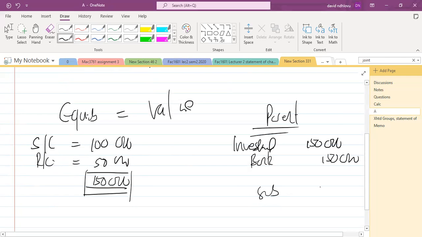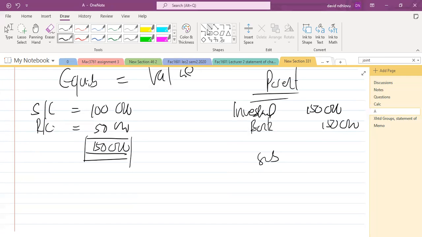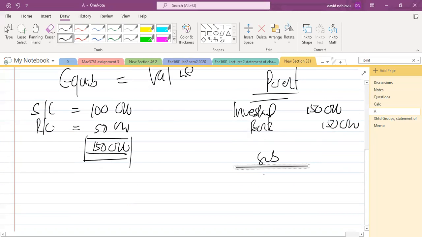To the subsidiary, when they receive this money, assuming that this is a newly formed company and you gave the seed capital, they actually debit the money in the bank, and then they credit share capital and retained earnings.